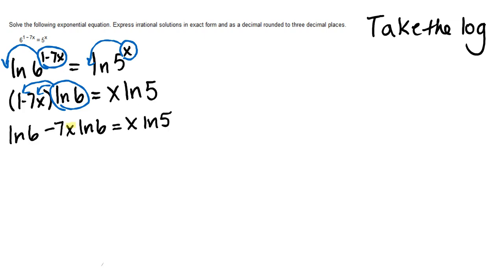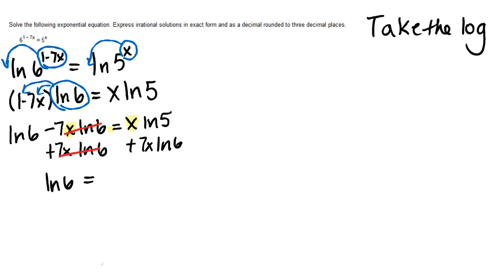And now I notice I've got variables in multiple terms. I want to move those terms with the variables to the same side. So I'm adding 7x natural log 6 onto both sides of the equation. It'll cancel out on the left side, leaving the left side only with natural log 6.